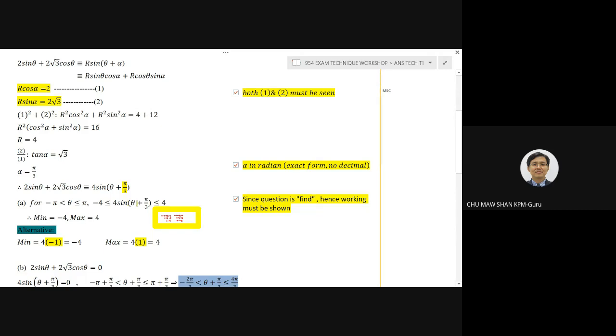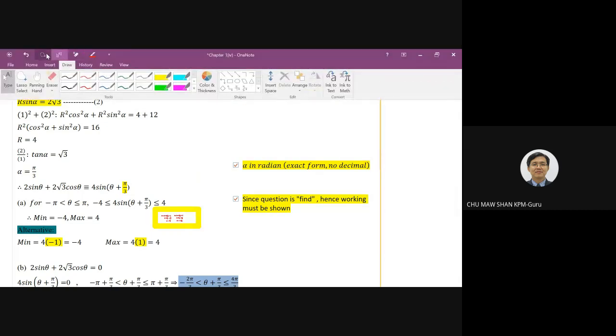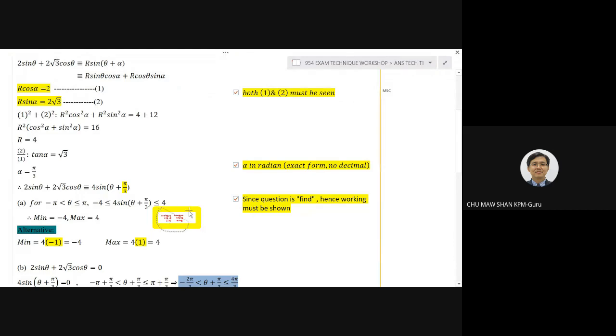It occurs when? It is 1 when theta plus pi over 3 is pi over 2. Here I have done a little. Actually, you have to check. It's not that we directly come to 4. You have to check. I have to check when sine of theta plus pi over 3 is 1. The theta we obtain is pi over 6.